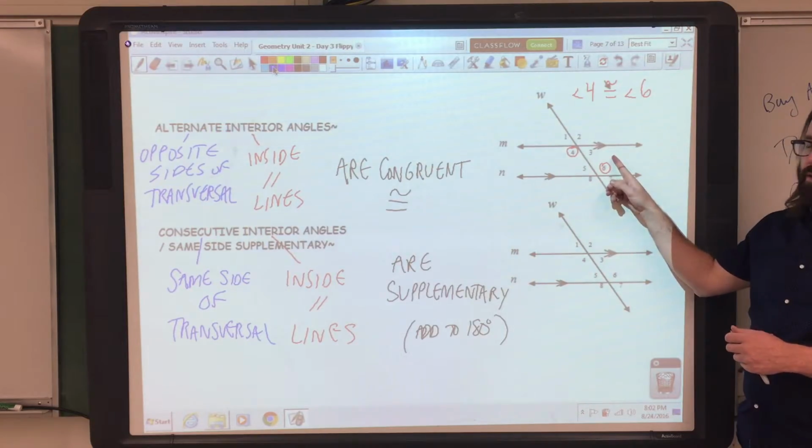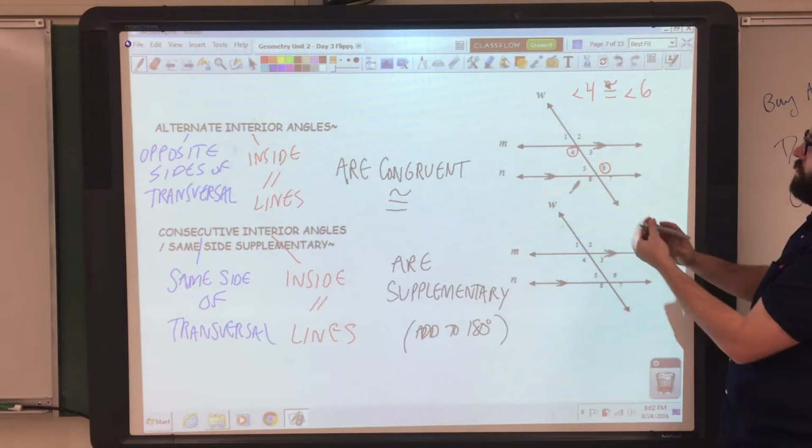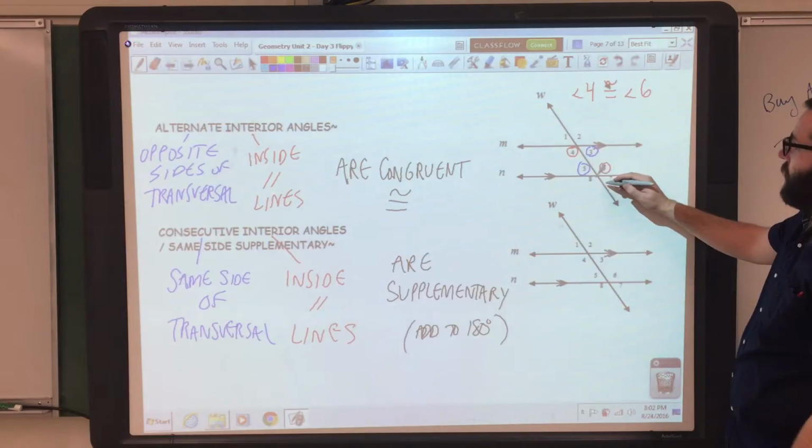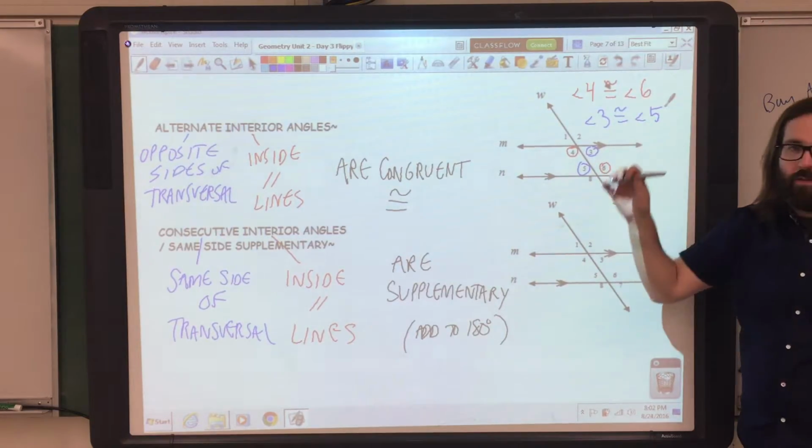Here we got another set, interior, and on opposite sides of our transversal, which would be 3 and 5. So we know angle 3 is congruent to angle 5.